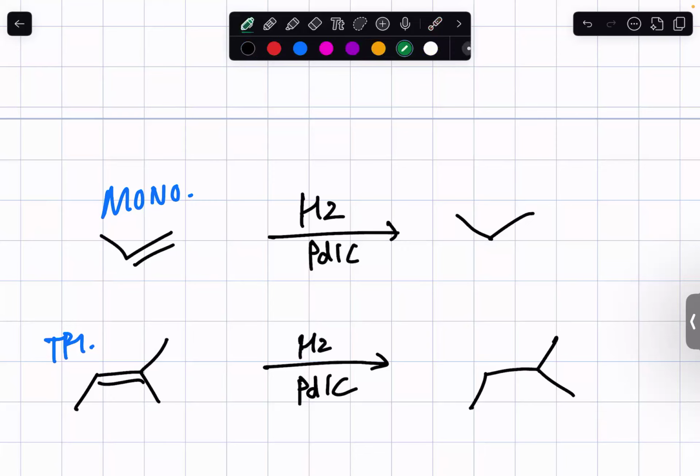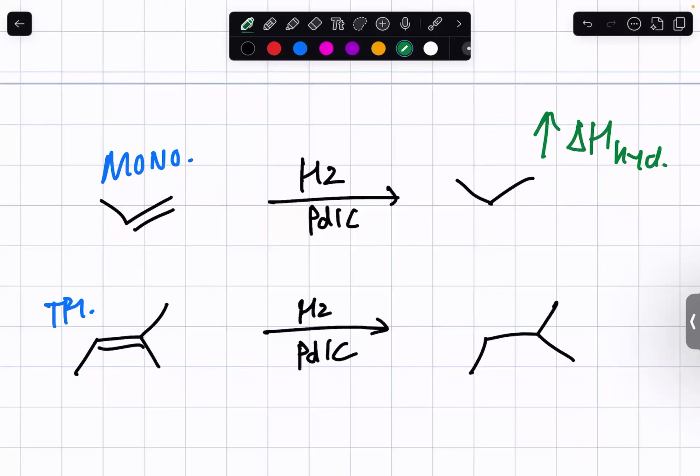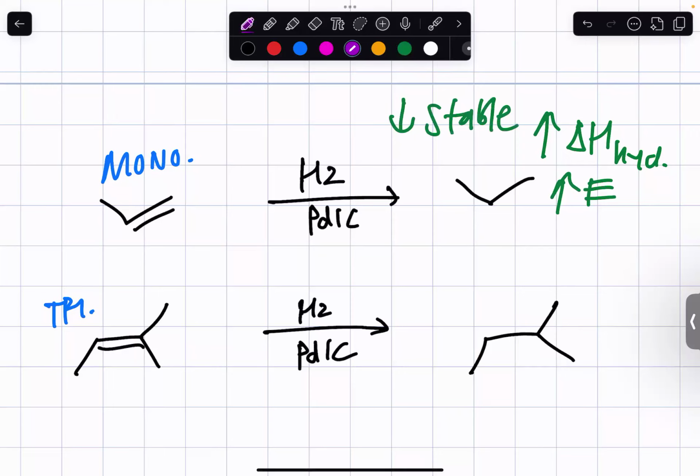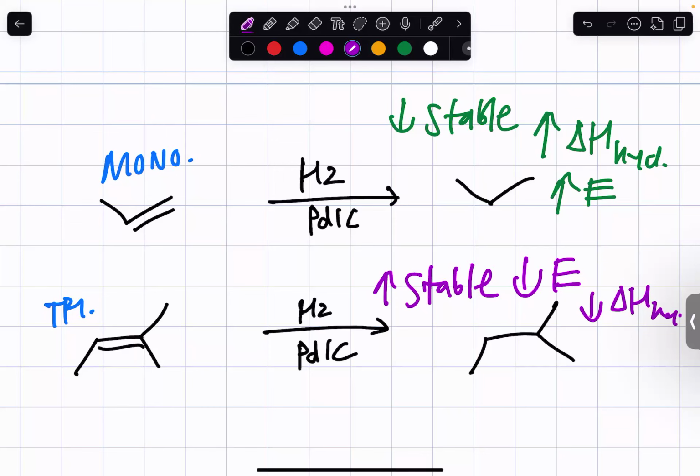It will release a higher heat of hydrogenation, because it has more energy. More energy, less stable. Whereas B is more stable, meaning that it will have less energy, meaning that it will have a lower heat of hydrogenation, like that.